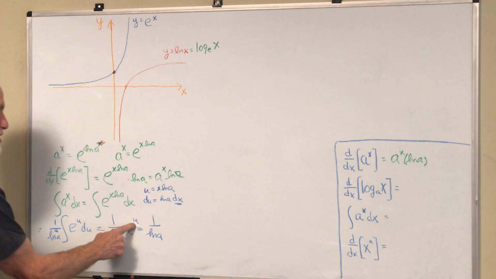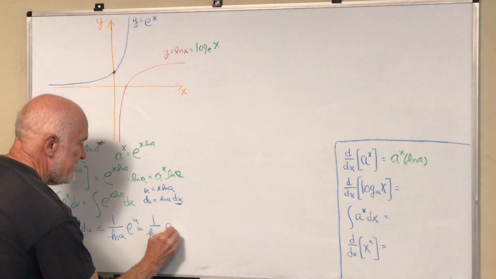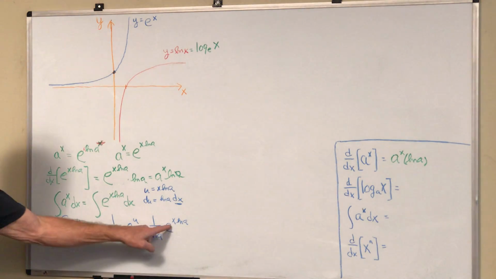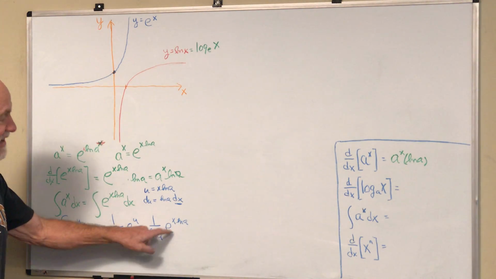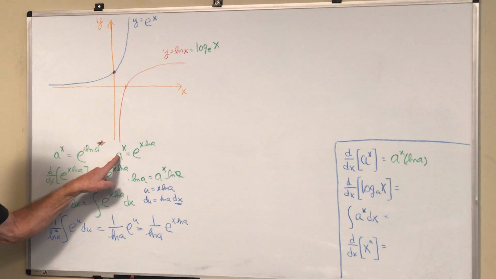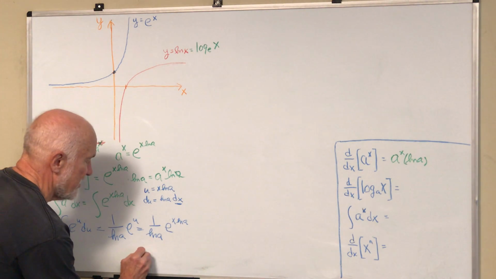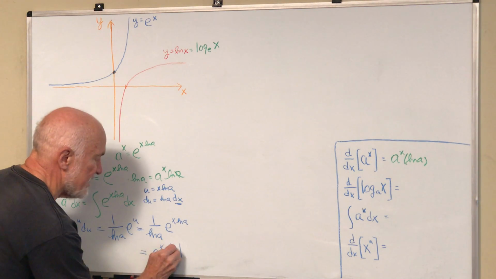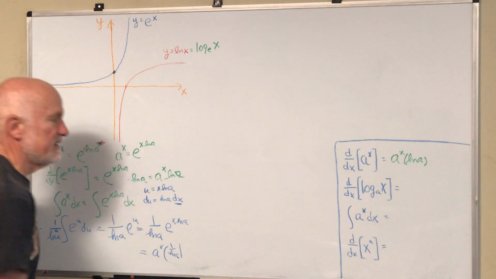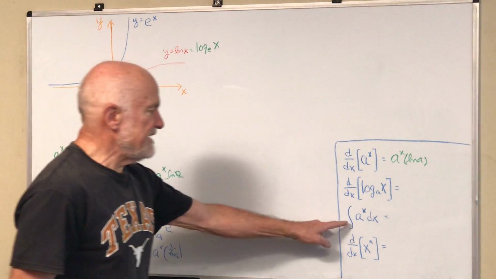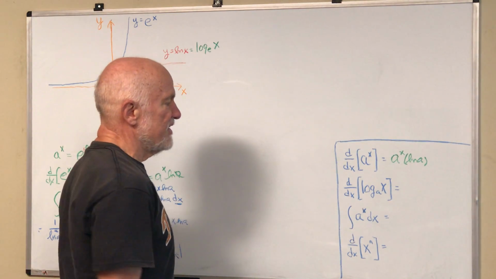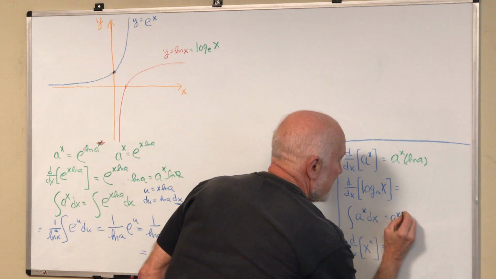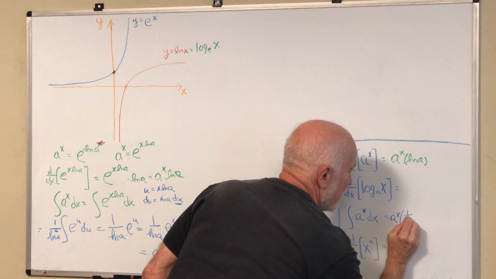Then if you put the u back in there, I get e to the x natural log of a, and e to the x natural log of a is just a to the x. So the answer is just a to the x, but then times this 1 over the natural log of a. So the antiderivative of a to the x is a to the x times 1 over the natural log of a.